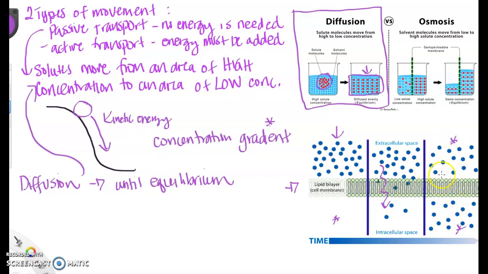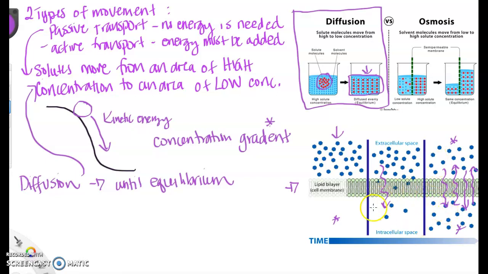Now, does that mean there's no movement now, that the particles are still? No, they're still moving. They're just moving equally, in and out equally. And so there's about the same number of particles on the extracellular side as on the intracellular side. That is passive transport or diffusion.